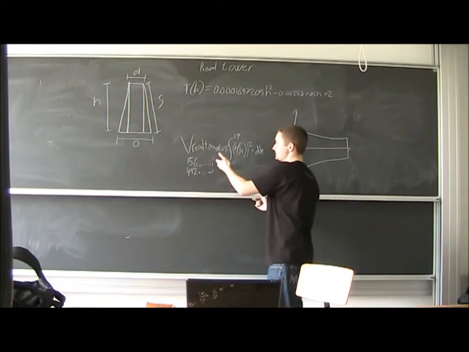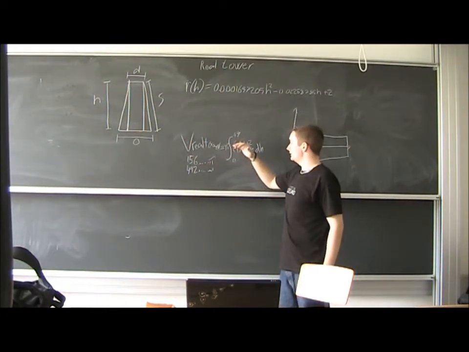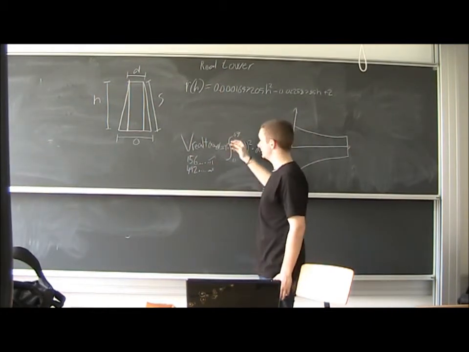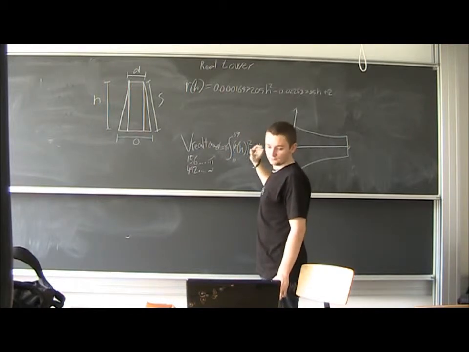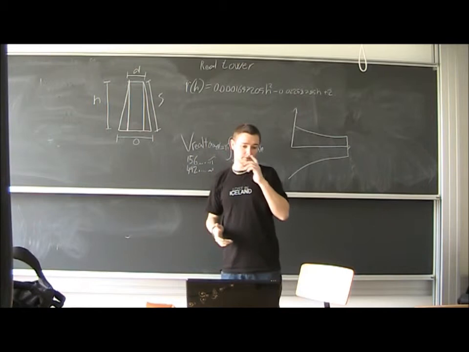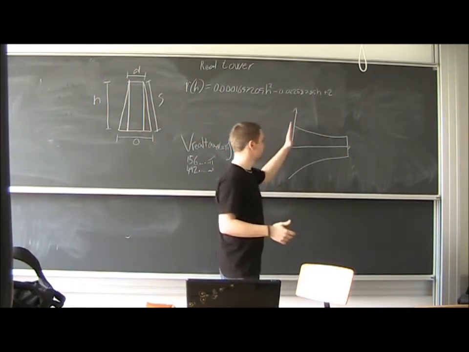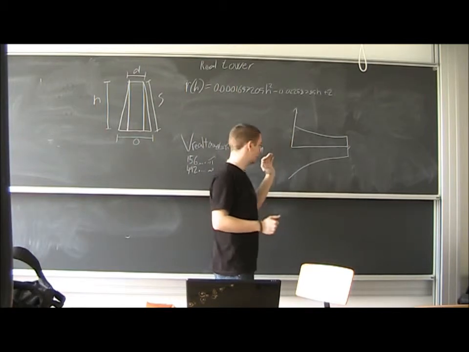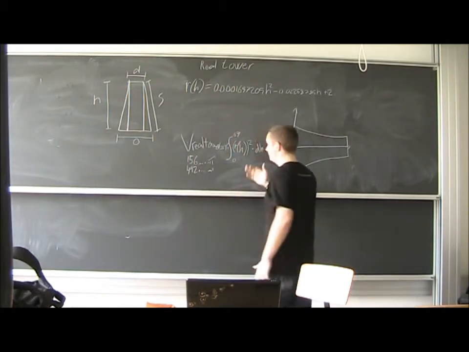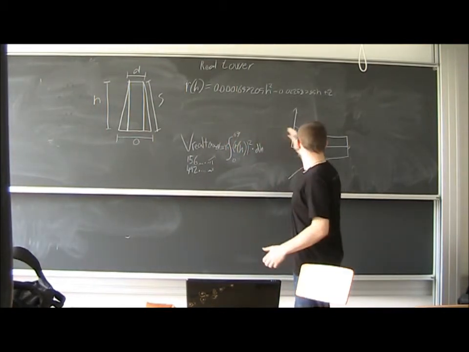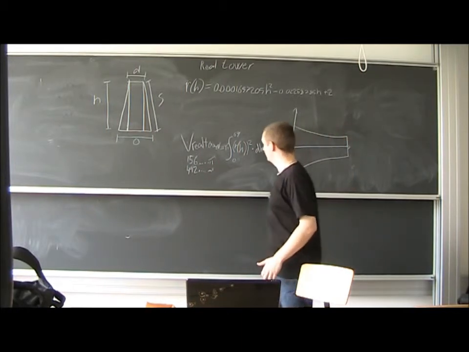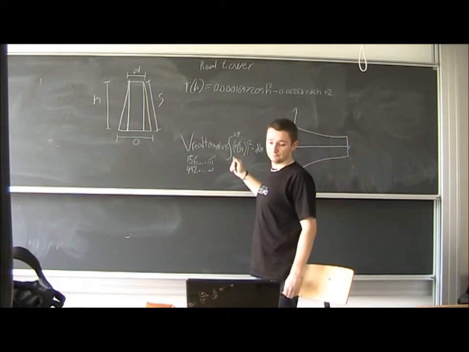It's V real tower equals pi times the integral, where the bottom is 0 and the top is 69. The bottom is 0 because we only want the volume of the tower from the beginning point of 0, and we only want the volume up to the top of the tower.